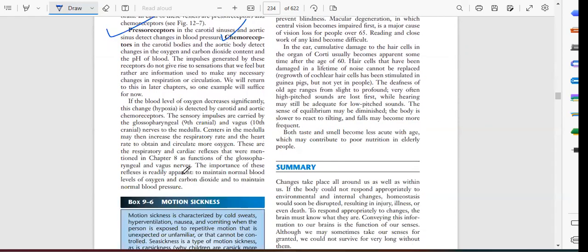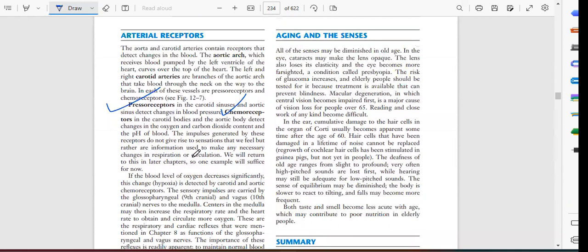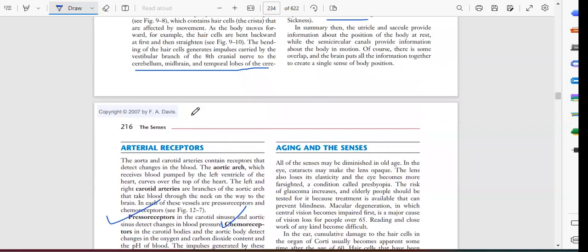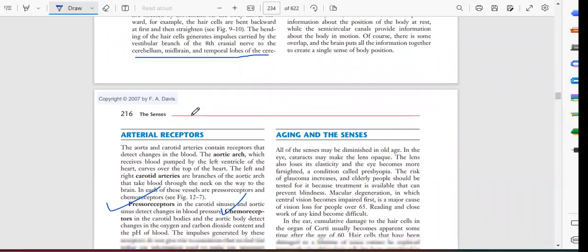So it is very helpful, as it will detect the changes present in this condition. Later, in the cardiovascular system, we will talk in detail about this.